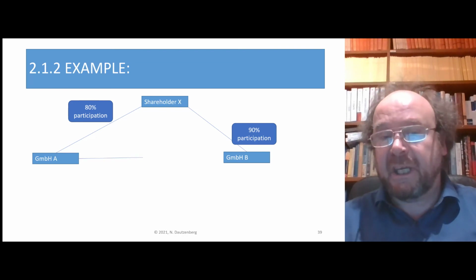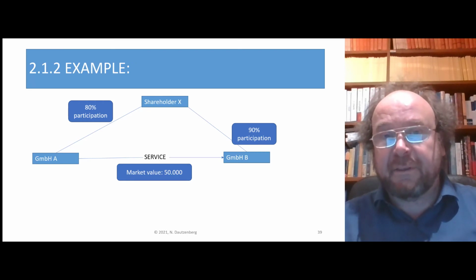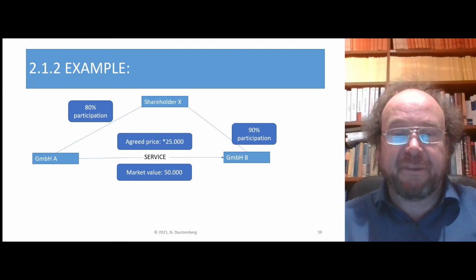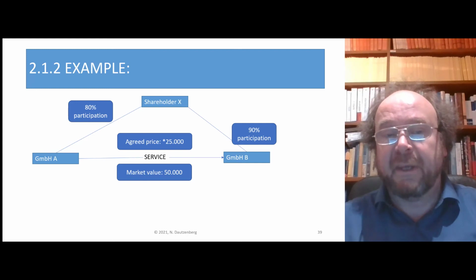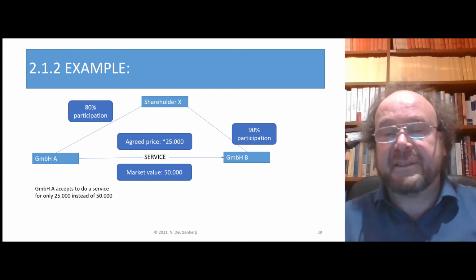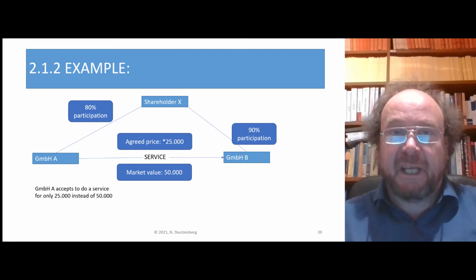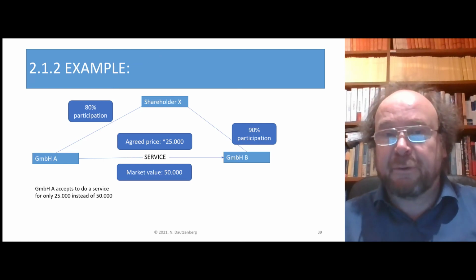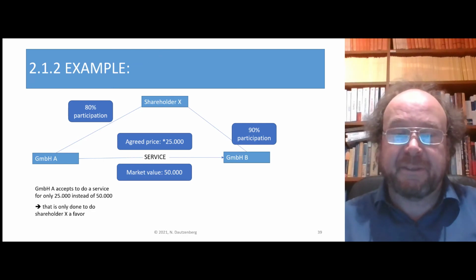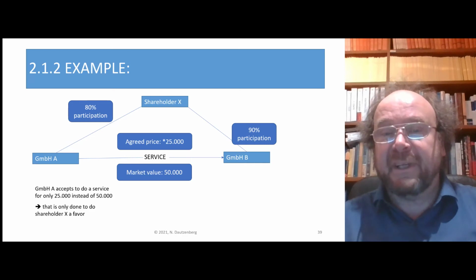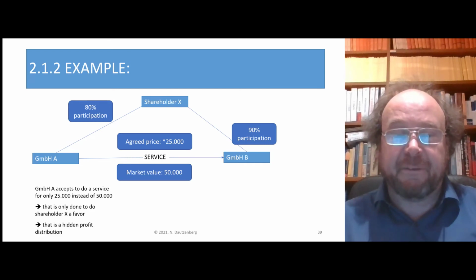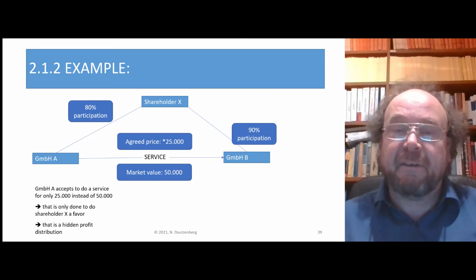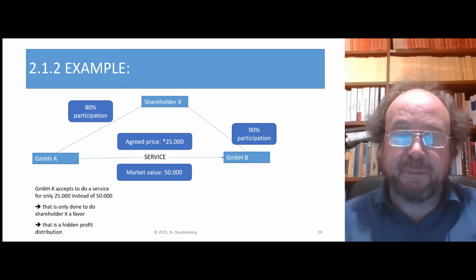Now GmbH A gives a service to GmbH B, and the market value of the service shall be 50,000, but they get it for 25,000. What that means is nothing else than that GmbH A accepts the order for 25,000 instead of 50,000 in order to do their shareholder X a favor. So that means we have here a case of a hidden profit distribution.